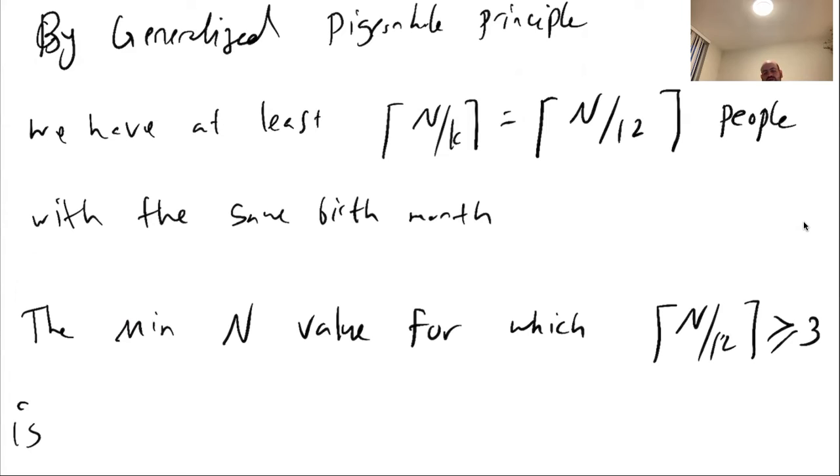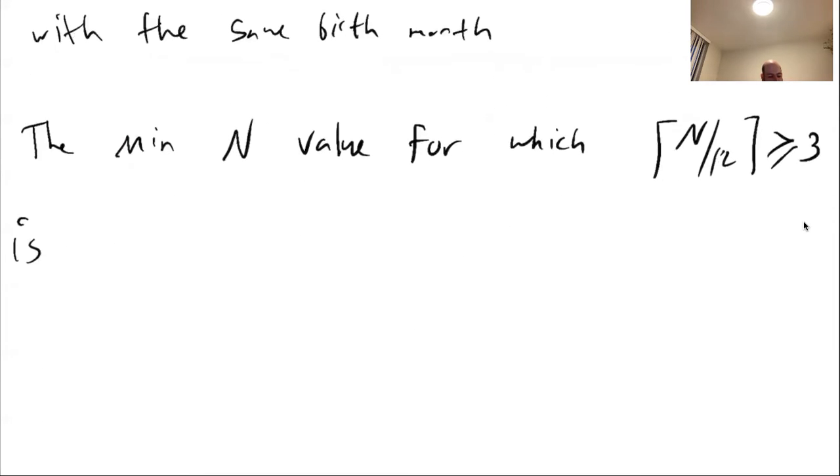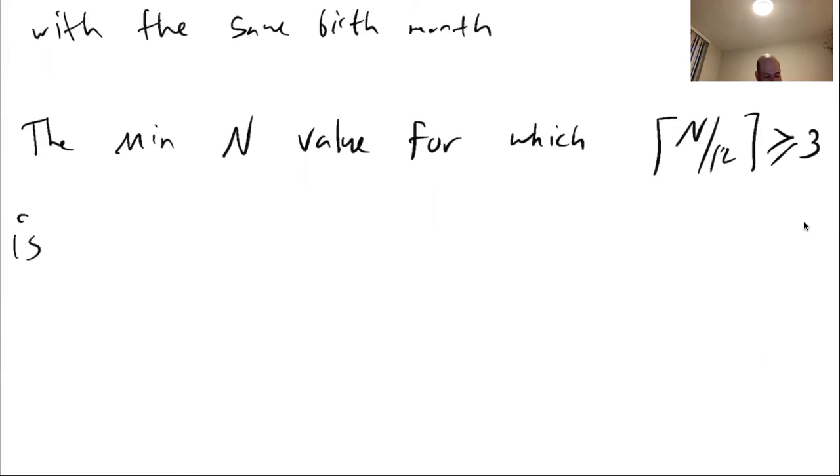If n is 24, 24 over 12 is 2, and the ceiling of 2 is 2, which is not bigger than or equal to 3. But once we exceed 24, if we get to 25, then the ceiling of 25 over 12 is bigger than or equal to 3. So the minimum n value is n equals 25.